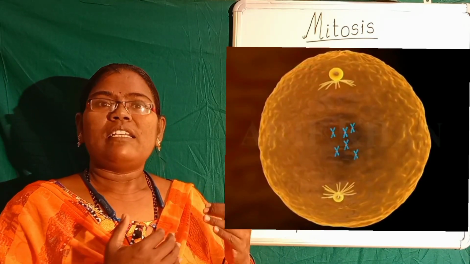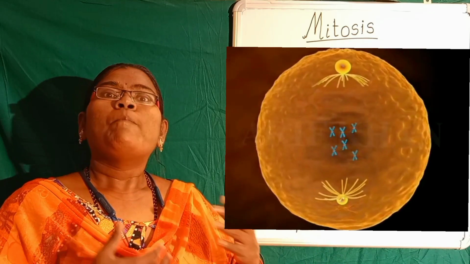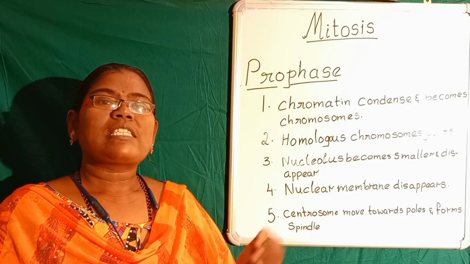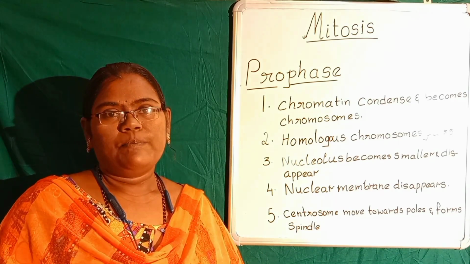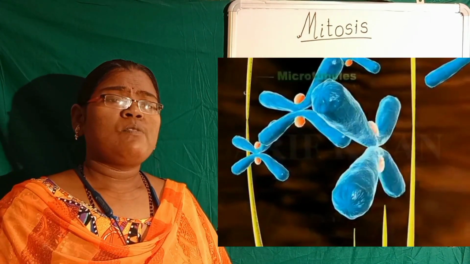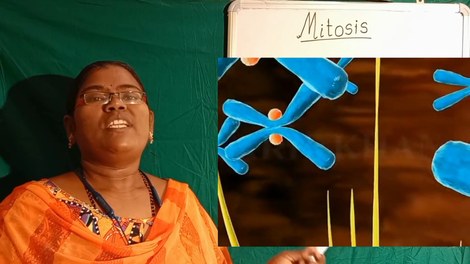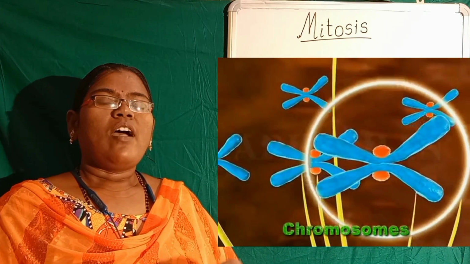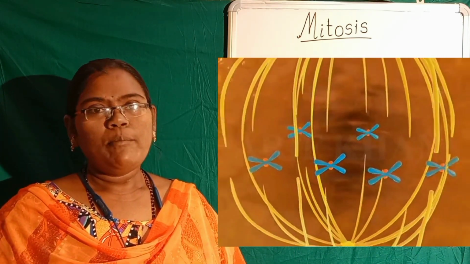Now the karyokinesis moves further into the metaphase. What are the events occurring in metaphase? The chromosomes move towards the equatorial plate, and all the chromosomes arrange at the equatorial plate.